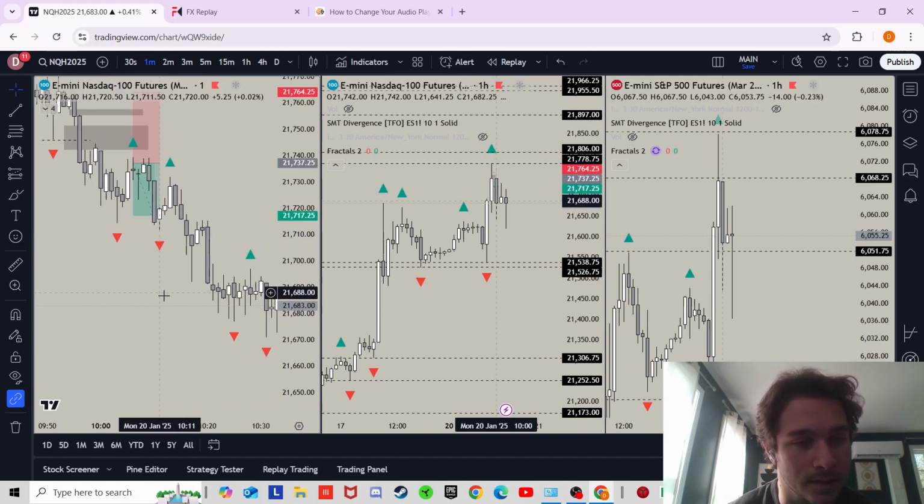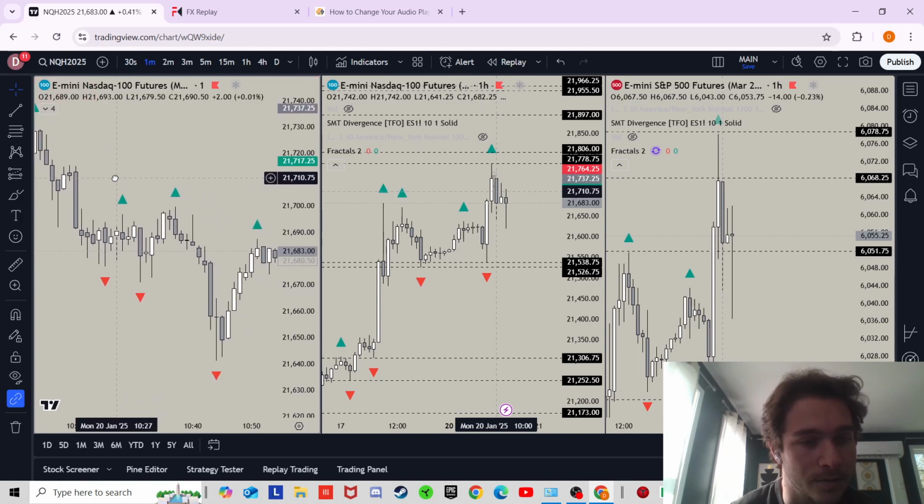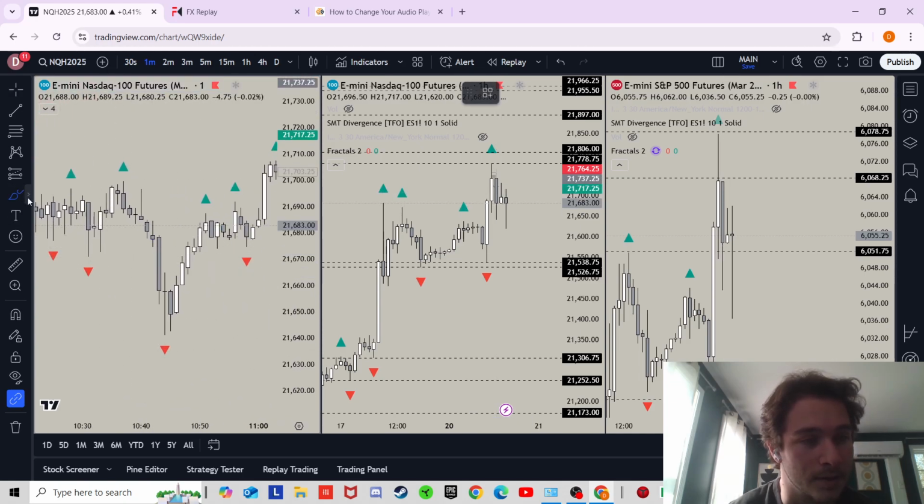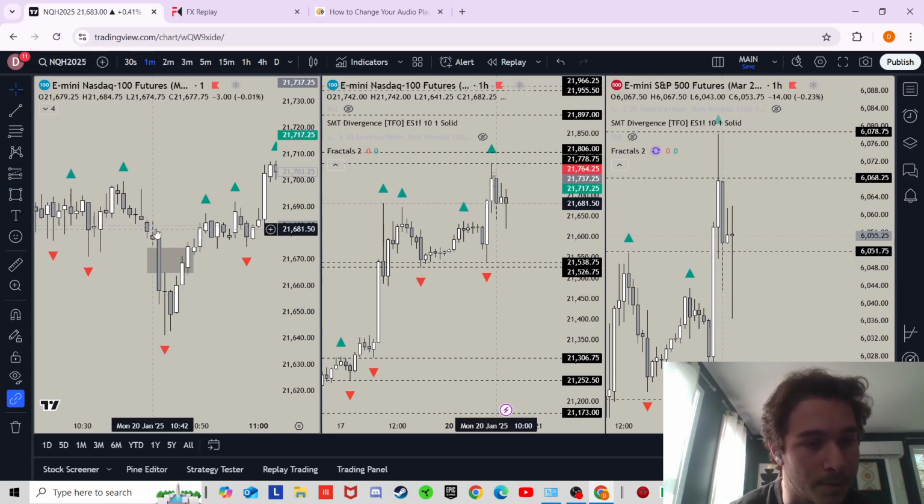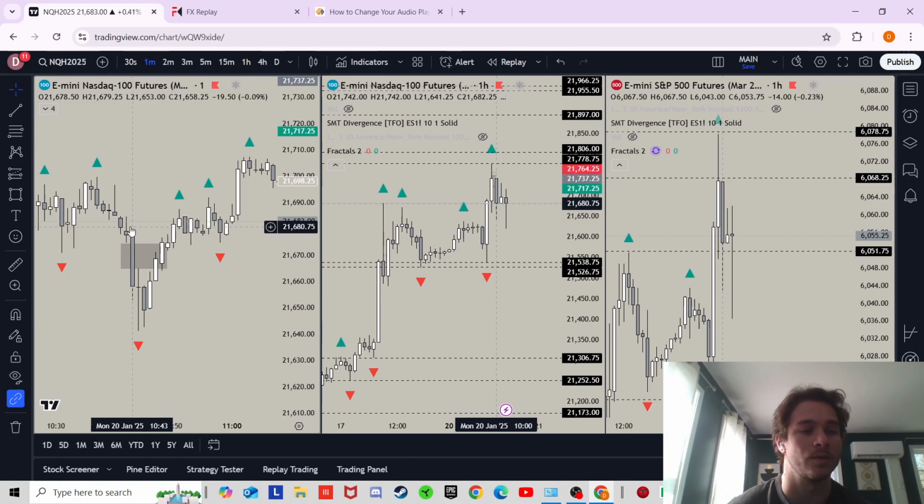So like if I used this gap, for example, this one, I would put my stop loss one handle above, so that closed at 77.75. I'd put it at 78.75.